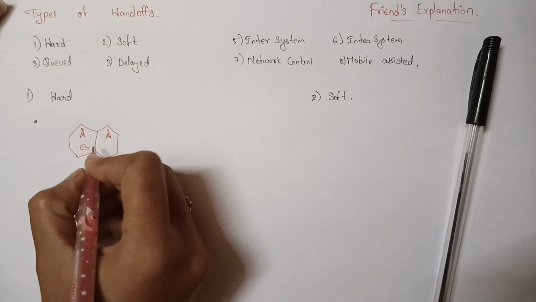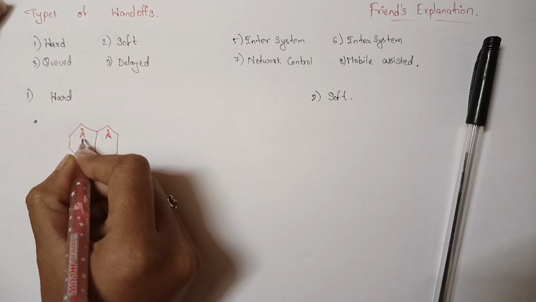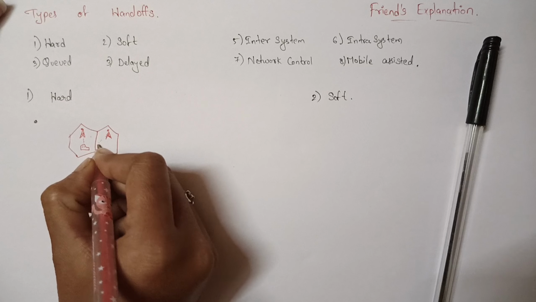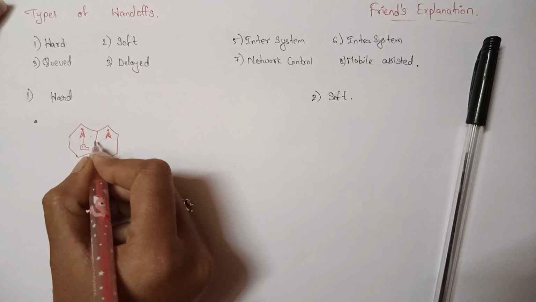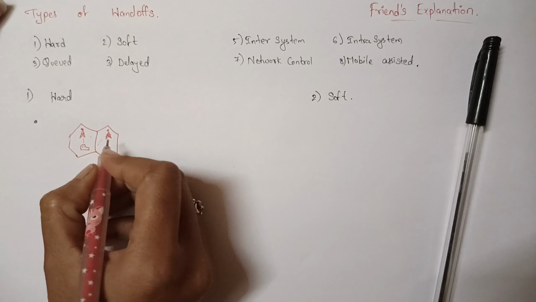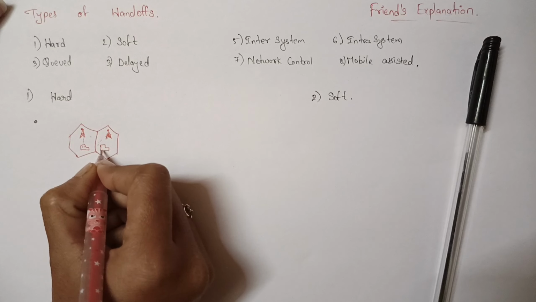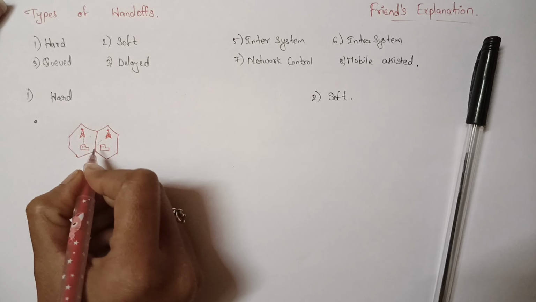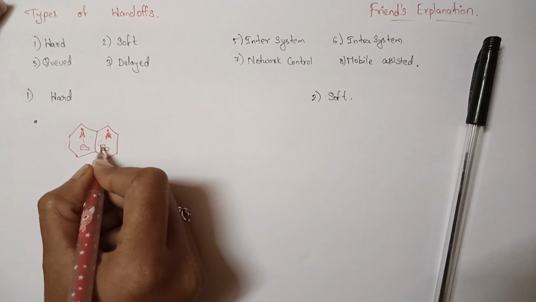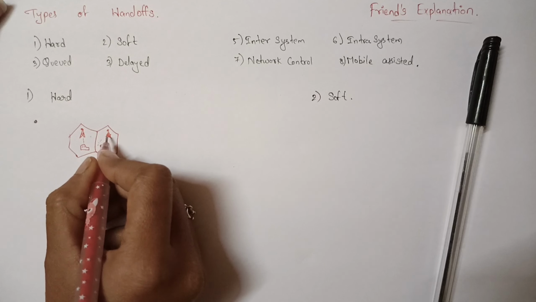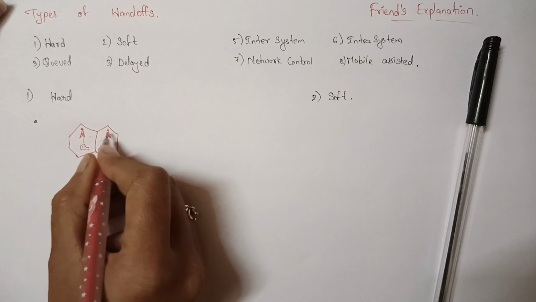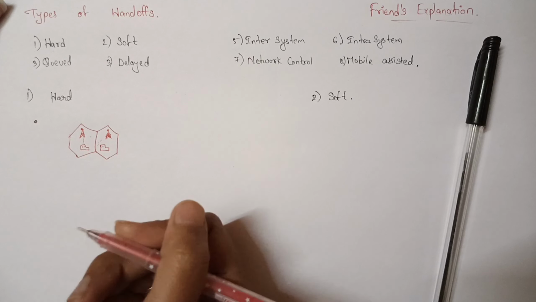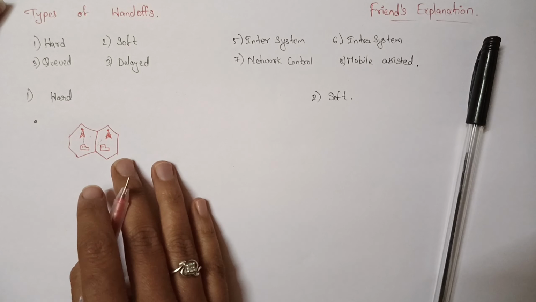So to do the handoff, first of all this connection should be broken to make handoff with this cell's tower. When the vehicle enters inside this cell, before taking the control of the connection by this tower in second cell, the connection with the first cell's tower should be broken. So this is called hard handoff.